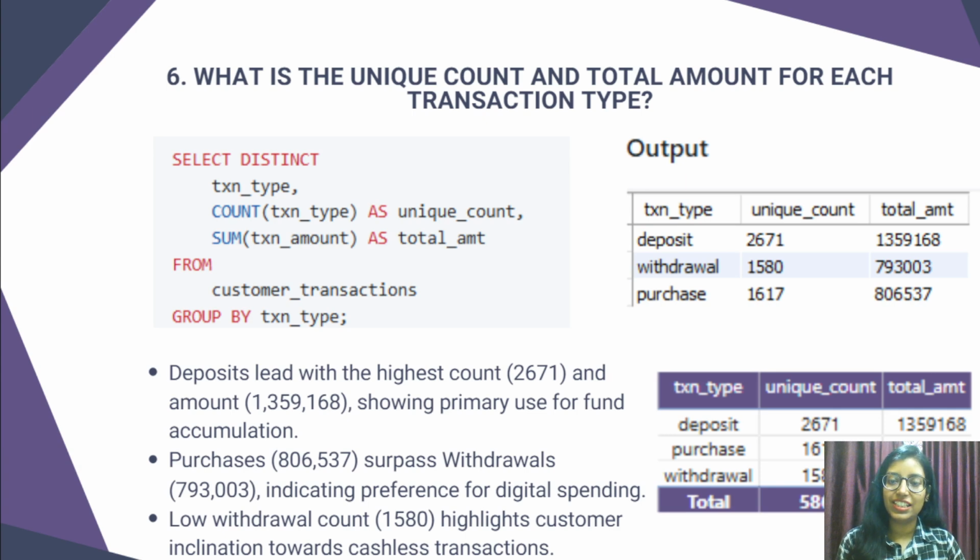And as we see, withdrawal is less in comparison to purchase. This is because most people nowadays are going for cashless, digital transactions if they want to buy anything. They directly purchase by making a UPI transaction or anything like this. So they don't go to the bank to first withdraw the amount and get cash, and then go to a physical store if they want to buy anything.